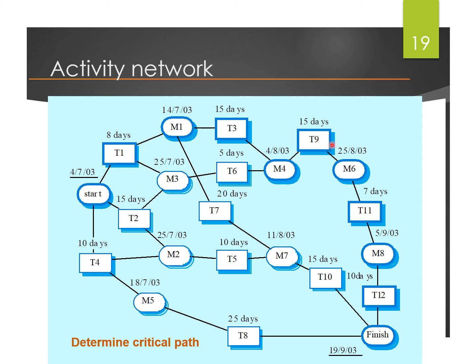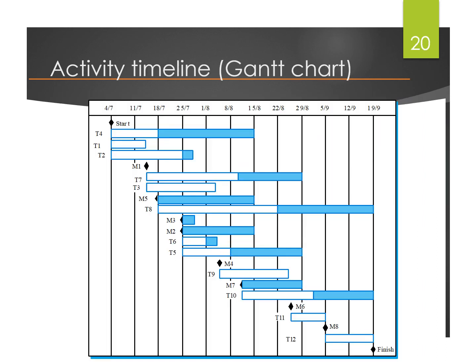So this kind of diagram actually shows the dependencies, so it is more viewable. Okay, so it can show the critical path. Critical path is the longest time taken. Okay, so this is how activity networks show the schedule.